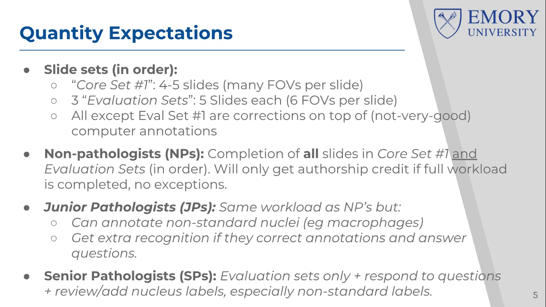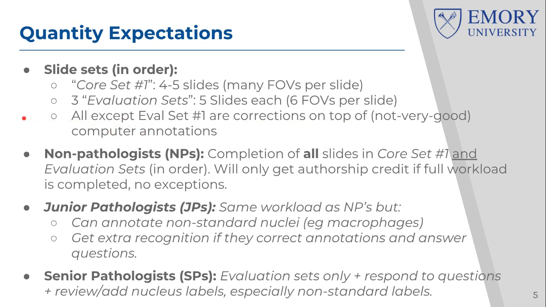If we already had data that helped a computer annotate slides and say this is a tumor, this is a lymphocyte, etc., then we wouldn't really need that data. So the existing annotations are kind of very poor, but they will provide some value, as I will mention later. They are useful, but they're not exactly the best annotations out there. So what you will be doing most of the time is correcting those.